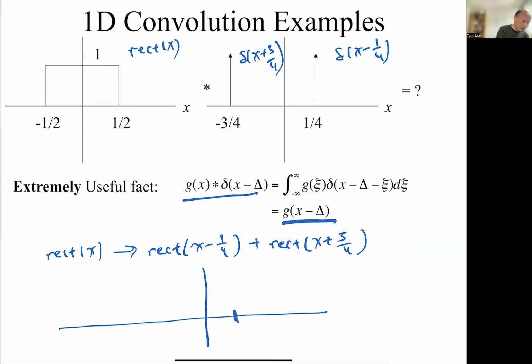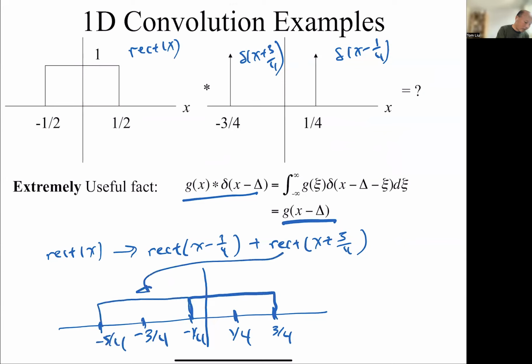I know one rect will be centered at 1/4 and the other rect will be centered at minus 3/4, and each goes out to a half, so that's 3/4 and minus 1/4 for one, and minus 1/4 and minus 5/4 for the other. So this is this guy, and this is this guy.